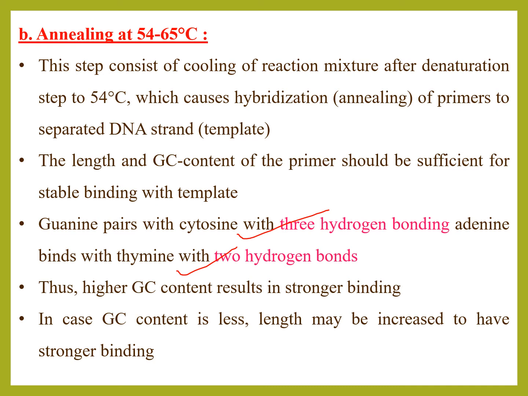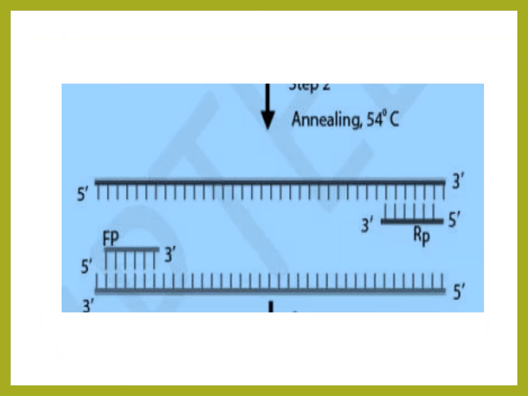And if the GC content is less, then we have to increase the length of the primer. Here we can see the 2 separated strands and the primers binding: the forward primer binds to the antisense strand, and the reverse primer binds to the sense strand.